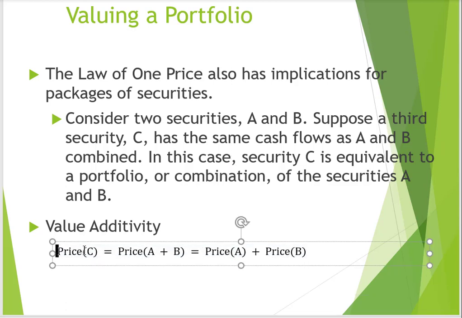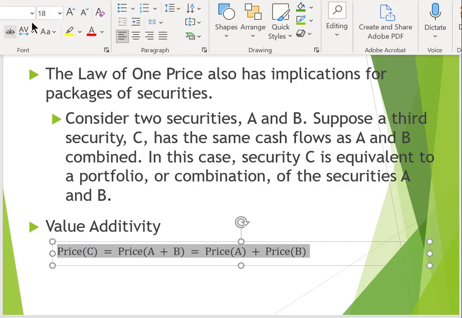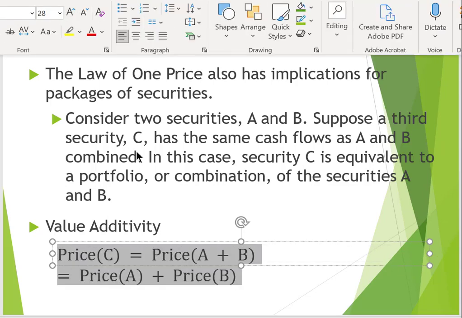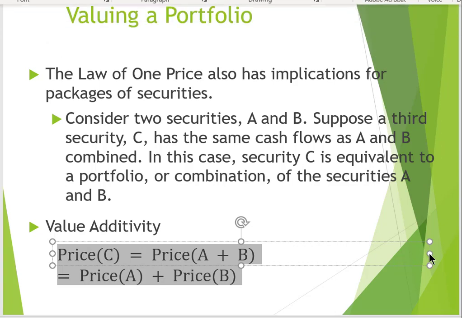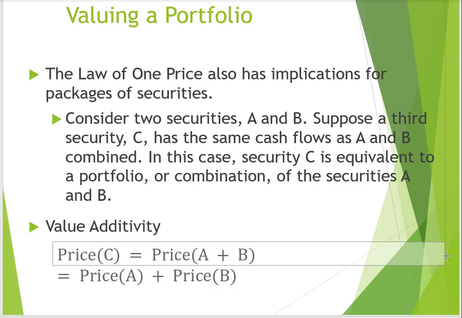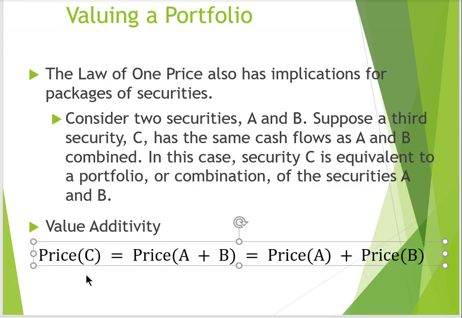Here we have a security or a portfolio, price C. That C is the combined asset. The combined asset, C, has two parts to it, A and B. So the price of A plus the price of B has to equal the price of C.